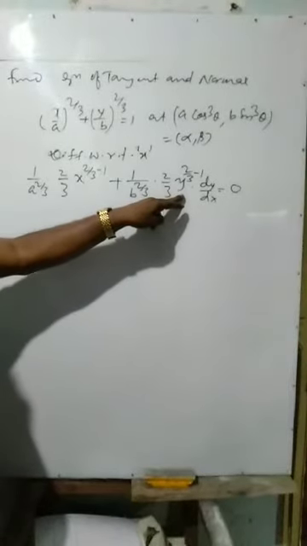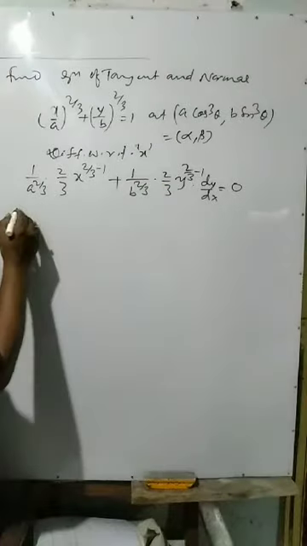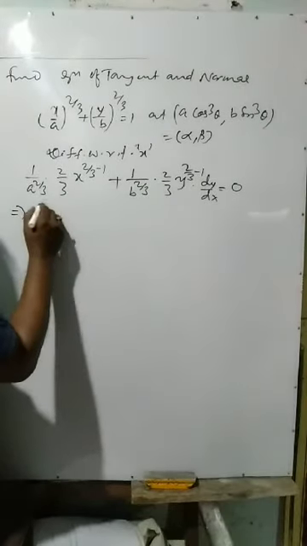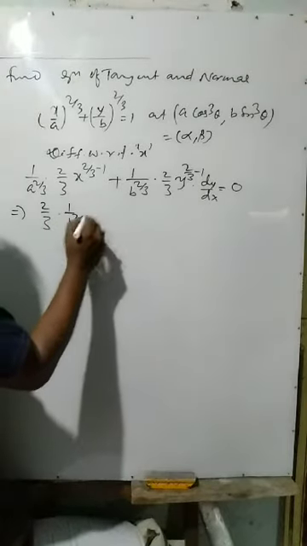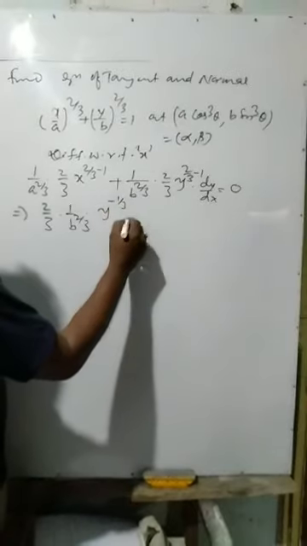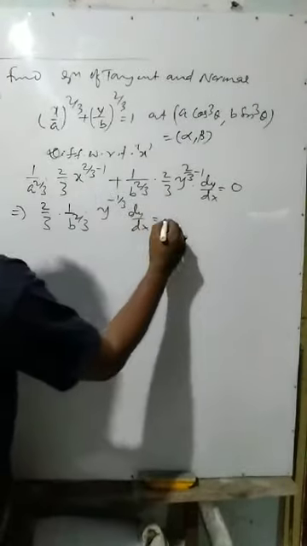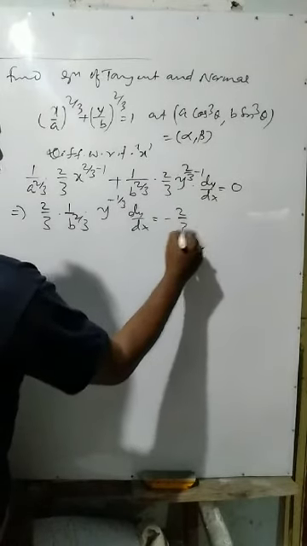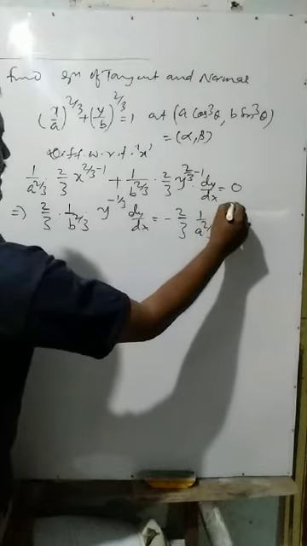When you find the derivative of y, you write dy by dx. Keep it separate, then what value will we get? Here 2 by 3, 1 by b to the power 2 by 3, y to the power 2 by 3 minus 1, that is minus 1 by 3, dy by dx is equal to this one. You take that side, then you will get what? 2 by 3, 1 by a to the power 2 by 3 and x to the power minus 1 by 3, from 2 by 3 minus 1.